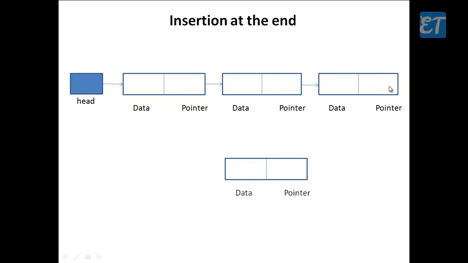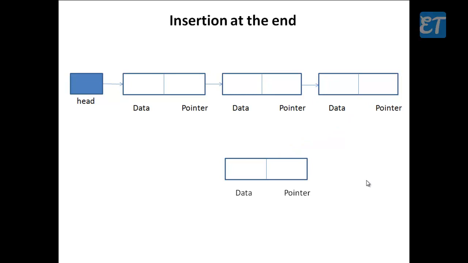From here there is no address of the next node given. That means this is the last node, where the pointer part is null, pointing to nowhere. Then we need to give the address of this new node at this point. So now we can attach this new node as the last node of this linked list.